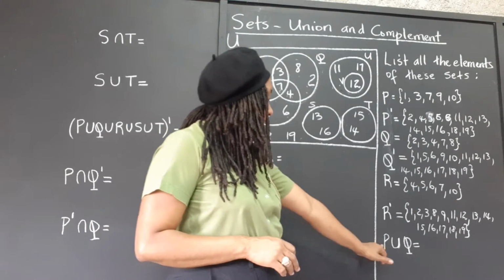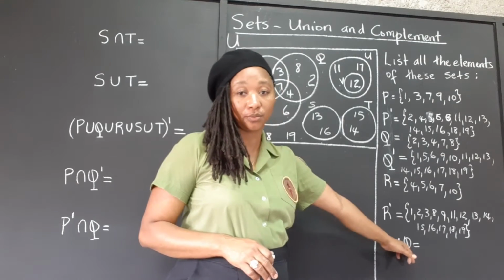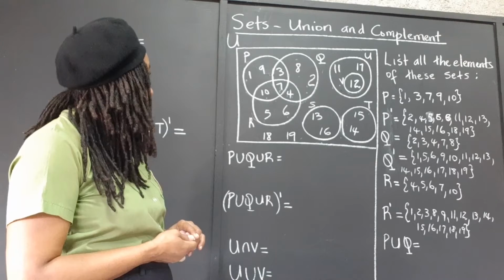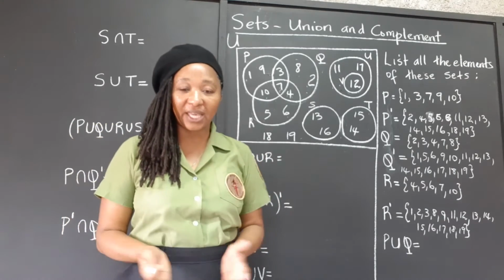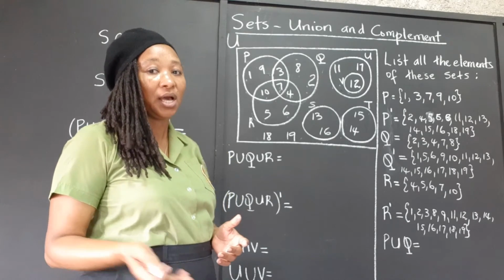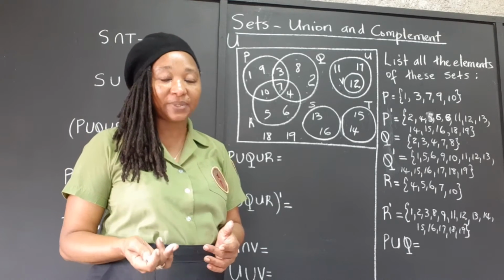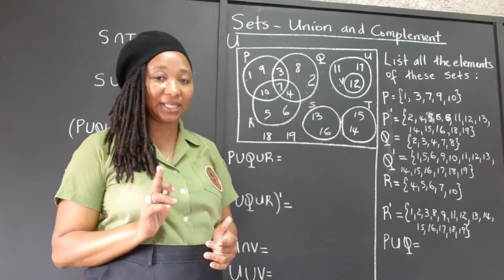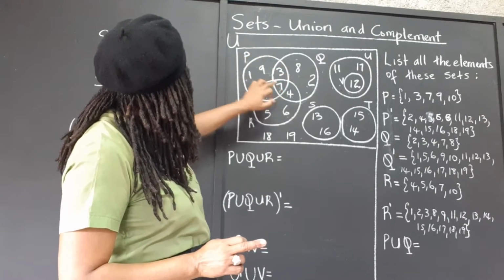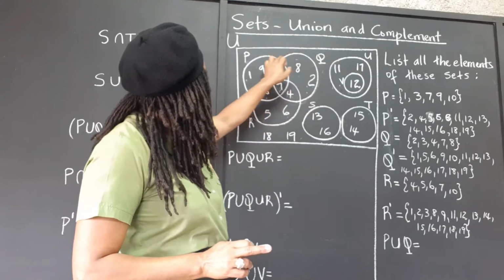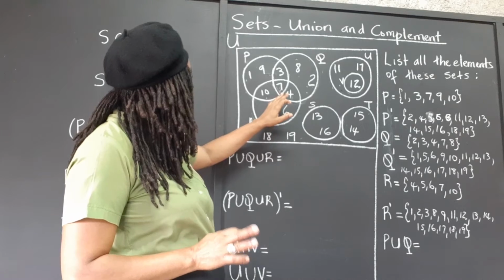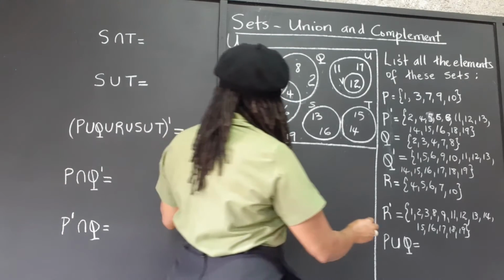How about P union Q? P union Q means everything in set P as well as those in set Q. And for those that overlap sets P and Q, we're only going to list them once. So that's set P and that's set Q. So the 3, 4, and 7 are in the intersection of P and Q. We're only going to list them once.